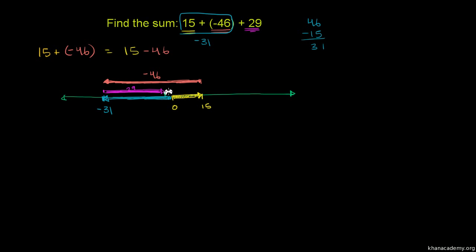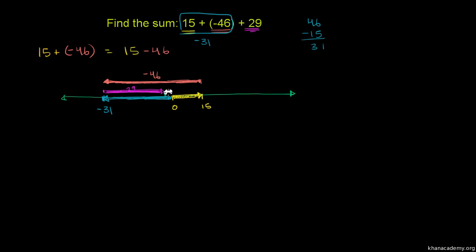But how can we figure out the absolute value of that negative number? Its distance. Well, once again, that little white part right there plus this 29 is going to equal 31. If we don't think about the signs, if we just think about the length, or another way to think about it, 31 minus 29 will give us the length of that white part.